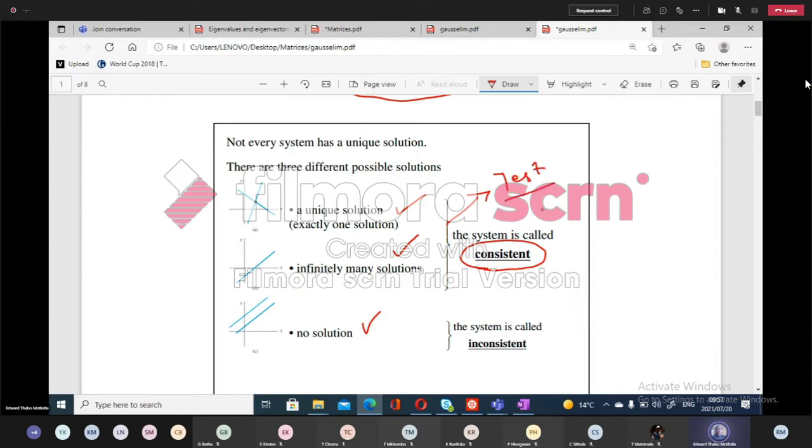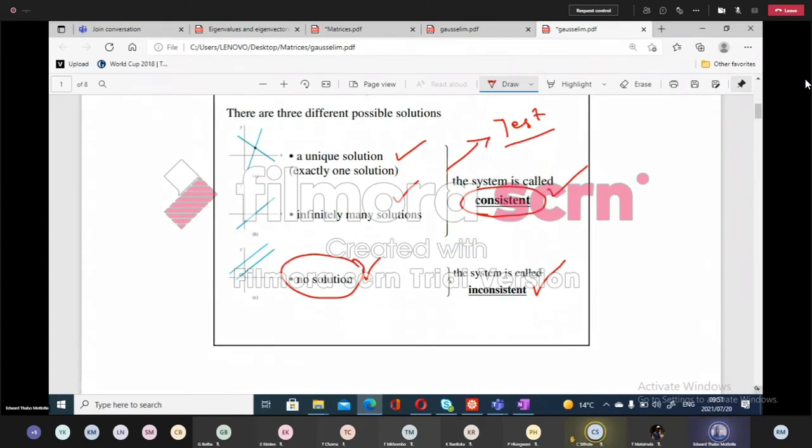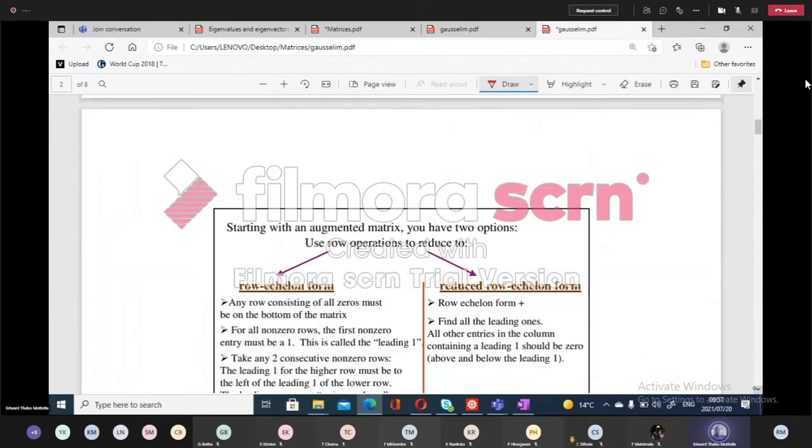How do you test for consistency? You solve the system. If you end up with one of these two solutions, then you conclude that your system is consistent. If we end up with no solution, then your system is inconsistent. So that's what you're going to do in that problem.